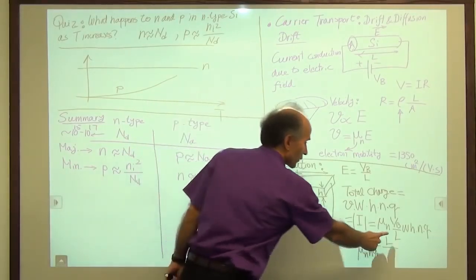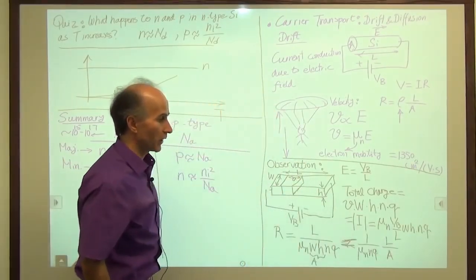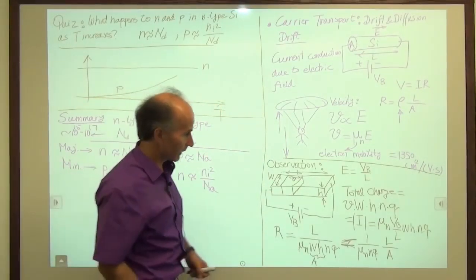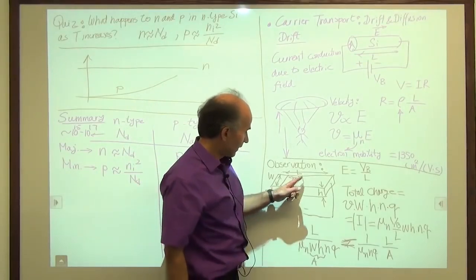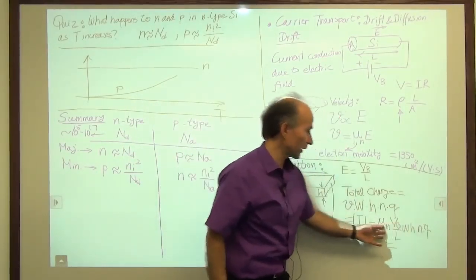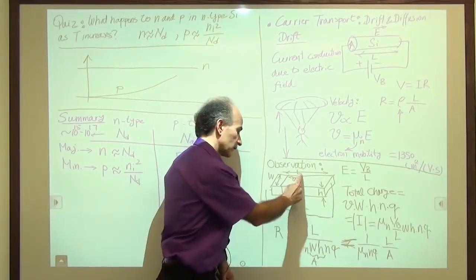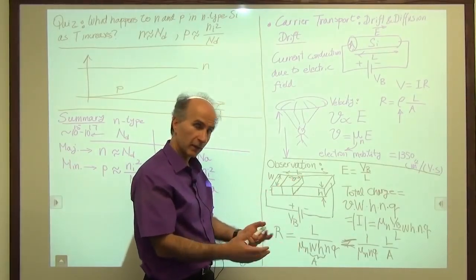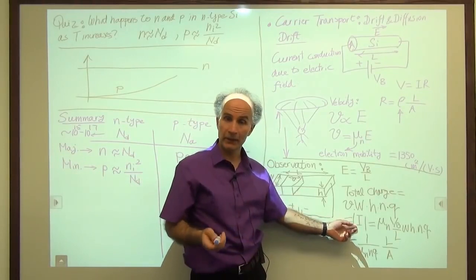That's what we call the current density. So remember this equation, and now we will change it to current density. It's not that hard, right? Because if we divide this total current by the cross-section area, then that will give us the current density. The unit of this current is amperes.